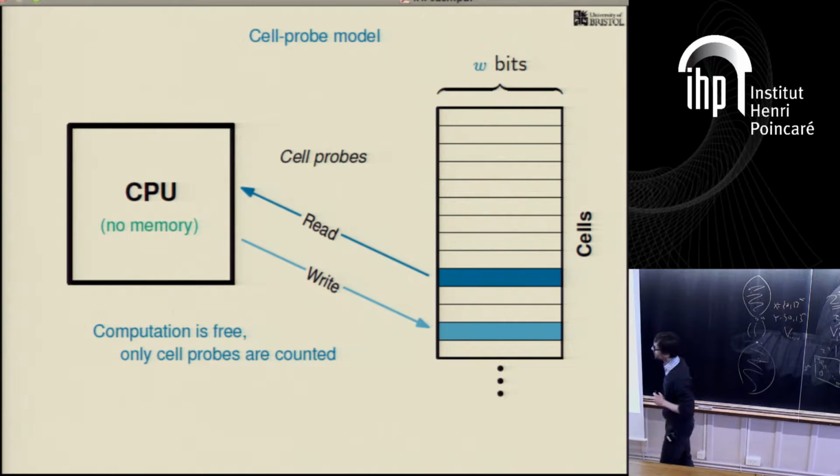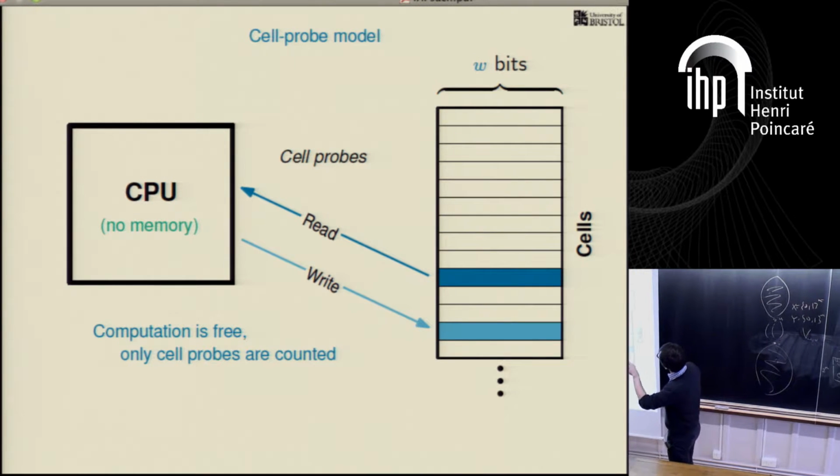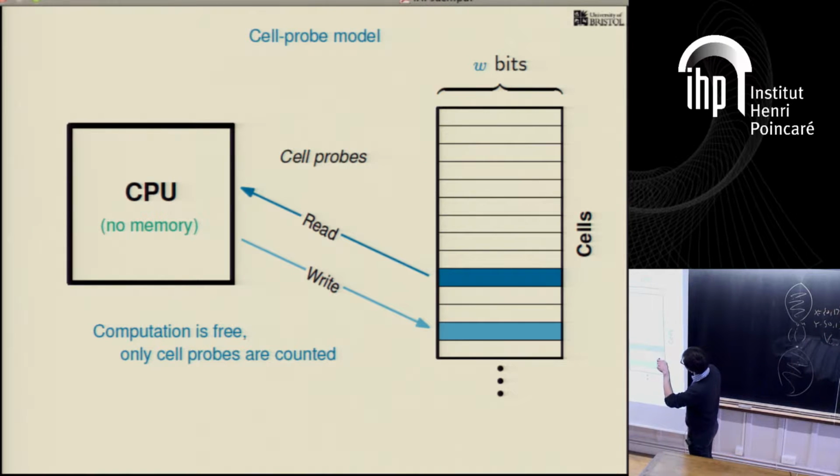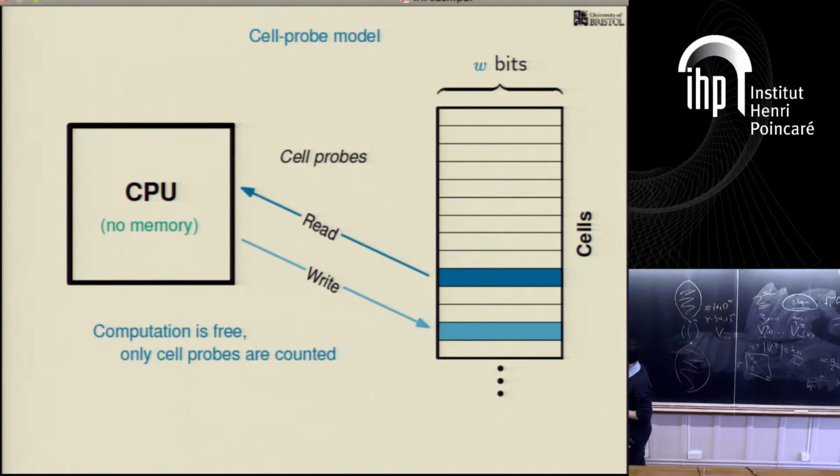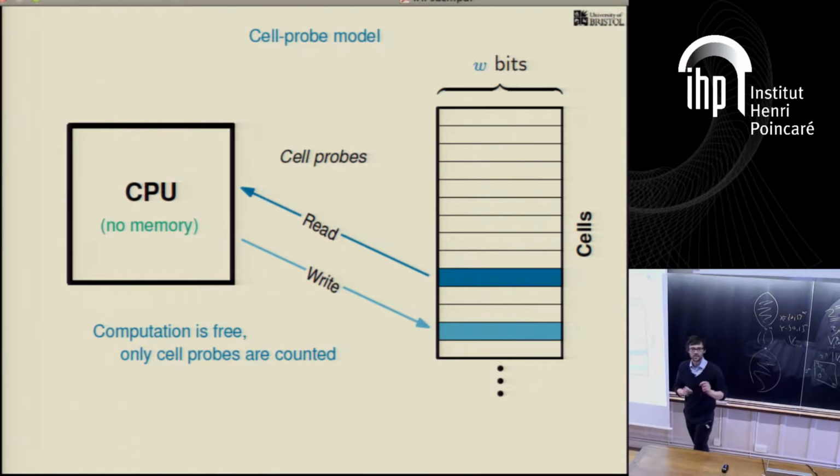The only thing we charge you for is looking at cells in the memory. There are an infinite number of cells, and each cell holds W bits. This is what's called the word size. Each probe either reads a cell or writes to a cell. Your algorithm can read any cells it likes and write to any cells it likes, and all I charge you for is looking at particular cells.